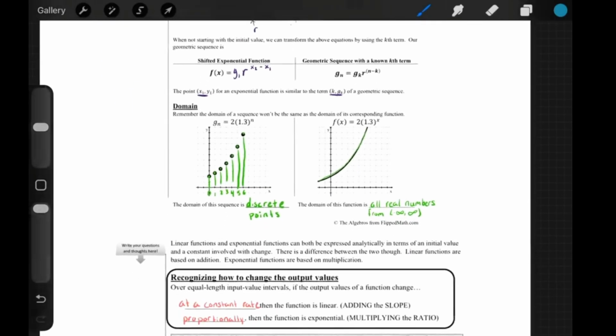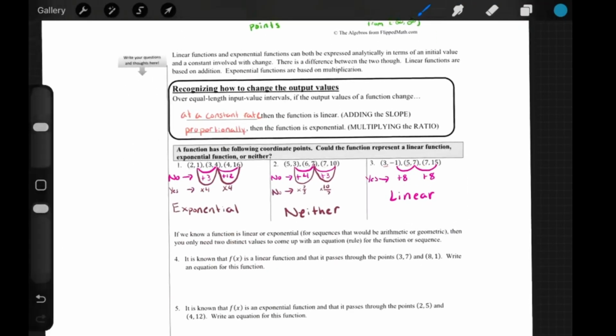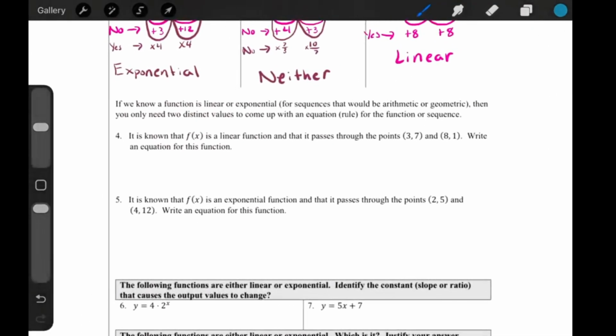Okay, here it's told that it's a linear function, so we can go ahead and use that equation that we already know, which is m is equal to y2 minus y1 over x2 minus x1.